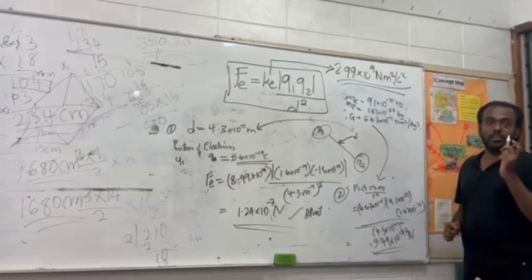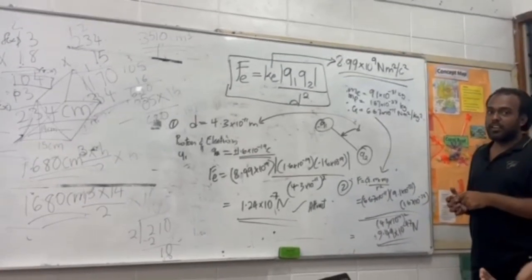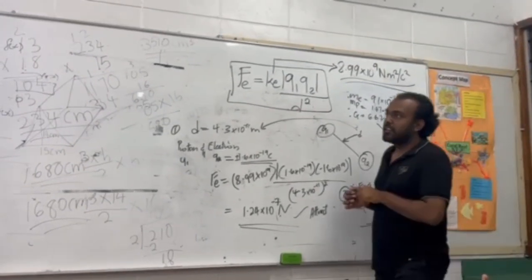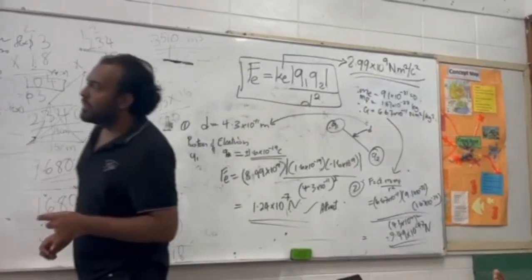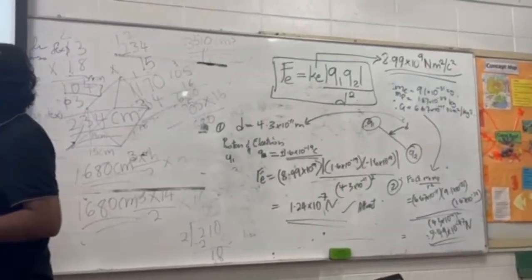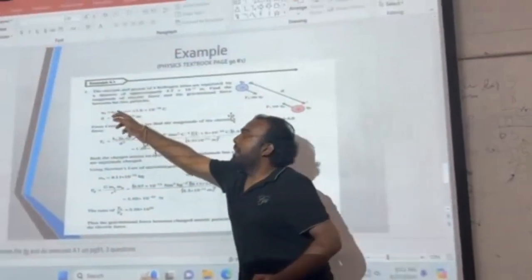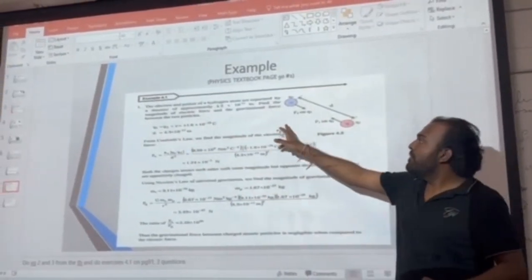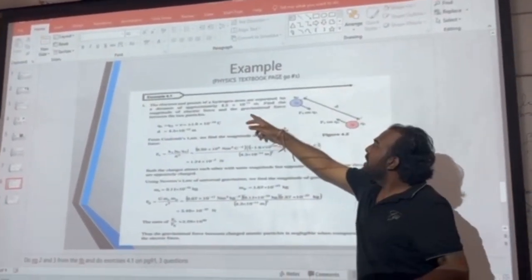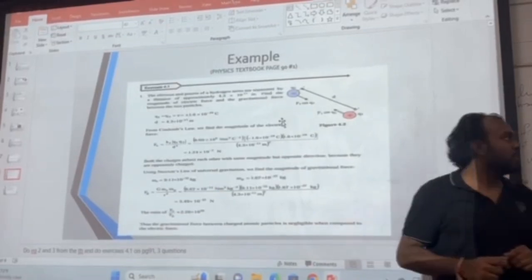But still we are not yet at the final answer. It says find the magnitude. It means the ratio of electric force and the gravitational force.